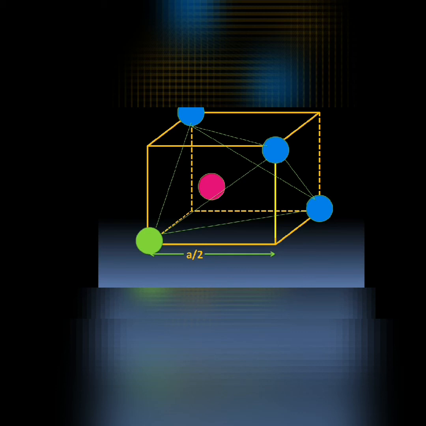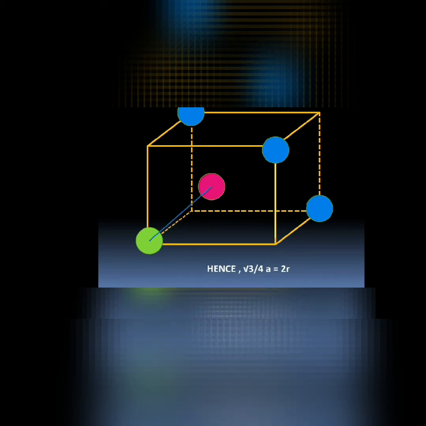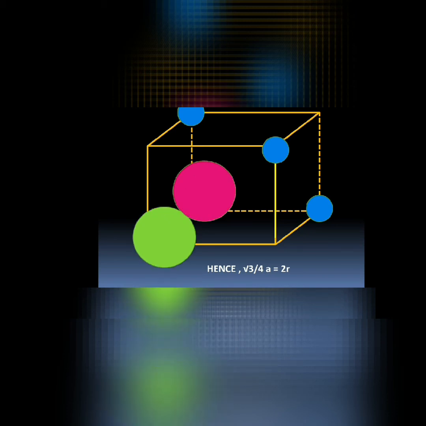And it will help us to obtain the relation between the radius of the atom and the lattice parameter. Now in the body diagonal position, the green colored and the red colored atoms reside, and they reside in this manner, they are touching each other.